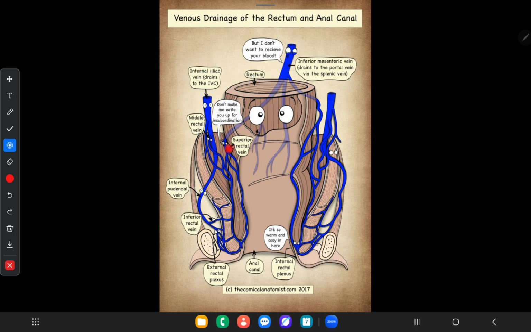Here also those venous plexuses drain into the superior rectal vein, and then the superior rectal vein drains into the inferior mesenteric vein. Likewise, venous drainage is through the inferior rectal vein and the superior rectal vein towards the internal iliac vein and the inferior mesenteric vein respectively.